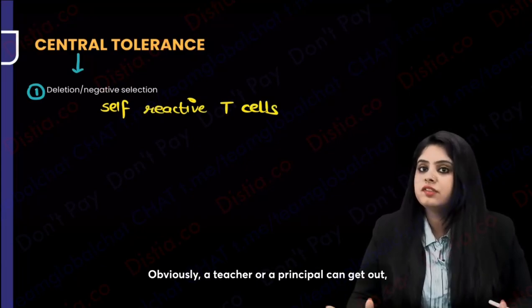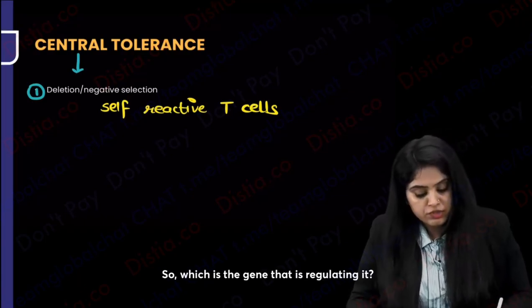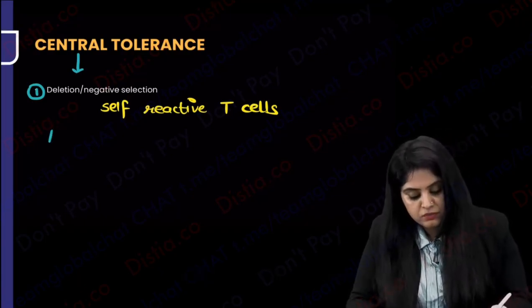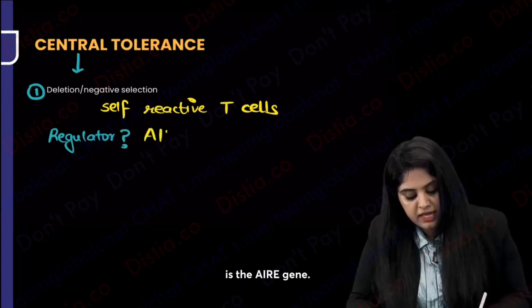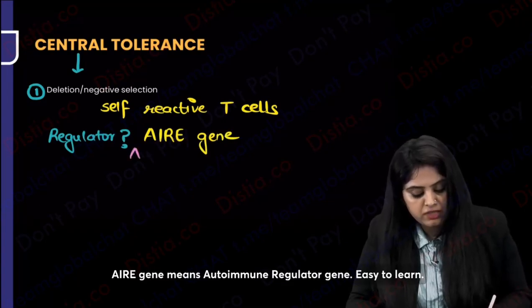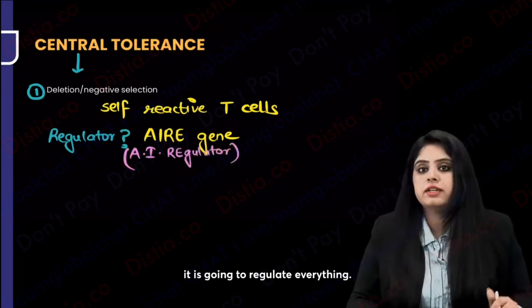Who does that? Obviously a teacher or a principal can tell the students to get out. So which is the gene that is regulating it? If I ask you who is the regulator of this entire process, it is the AIRE gene. What is the AIRE gene? AIRE gene means autoimmune regulator gene. Easy to learn now. Autoimmune regulator. It is going to regulate everything.